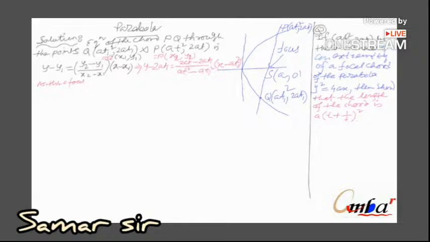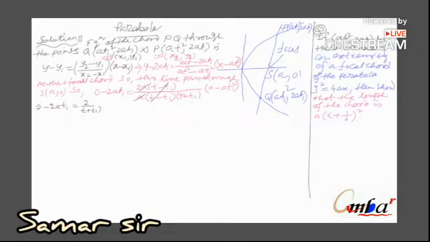Okay, and as this is a focal chord, it passes through the point a comma 0. Then put the value of y is 0 and x is a. Then simplify. See carefully. After simplifying, we got here tt1 is equal to minus 1 actually.